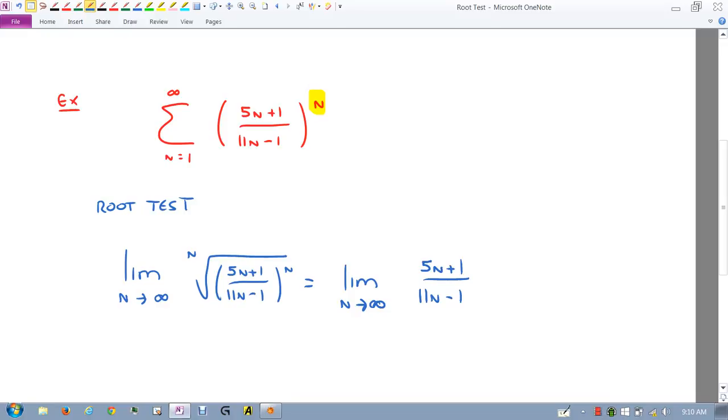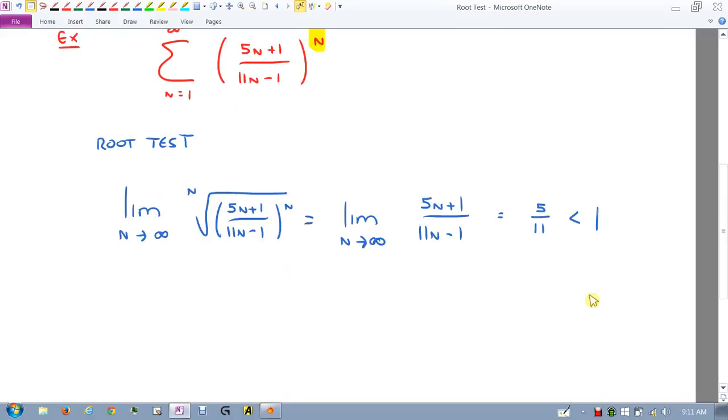And if you let n go to infinity here, you get infinity over infinity. You can use L'Hopital's rule one time, and your answer is 5/11. And that is less than 1. Therefore, the original series converges. No idea what it converges to, but it converges.